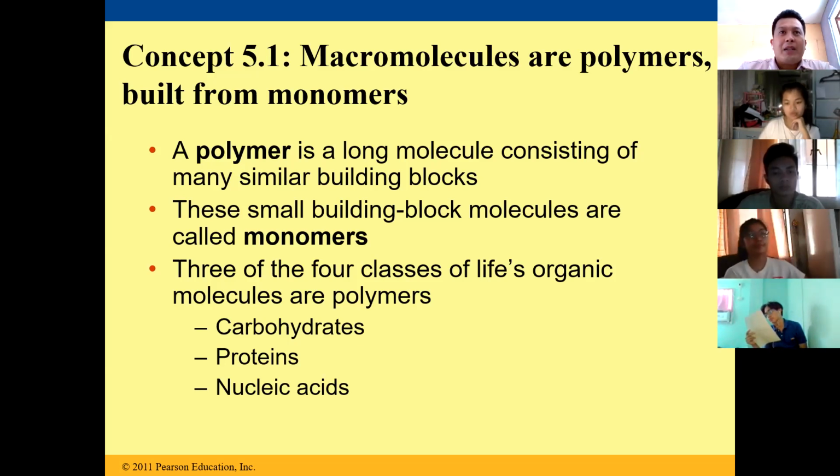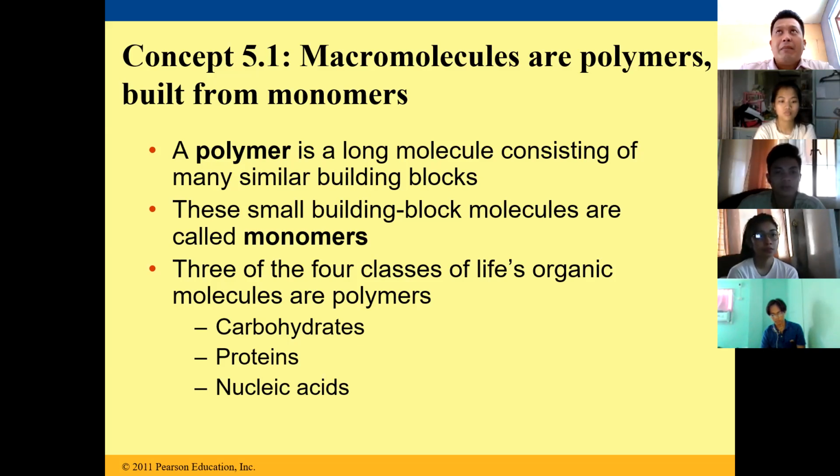So again, the polymer is a long chain of molecules composed of the building blocks, or monomers, of the said macromolecules. For lipids, which is not stated here, the monomer is glycerol. It's a syrupy substance, somehow sweet in taste, and it is composed of three fatty acid chains.